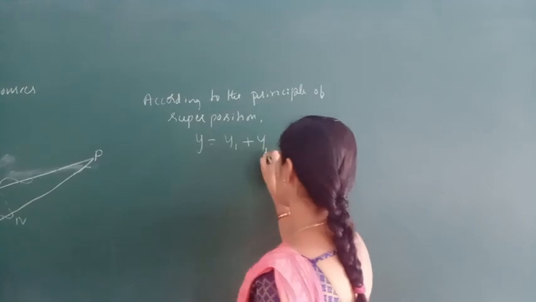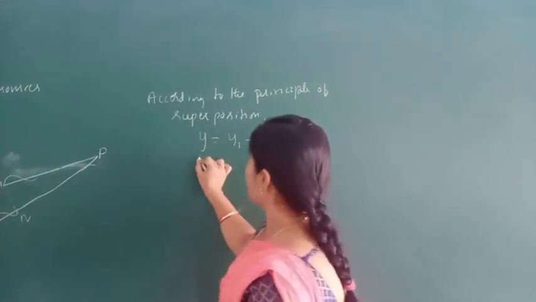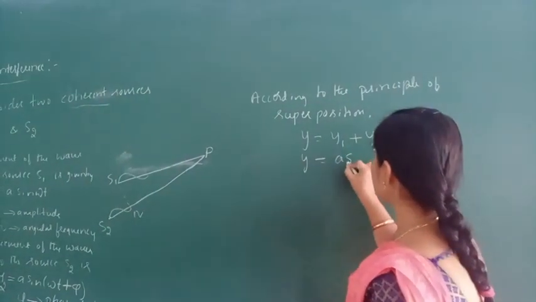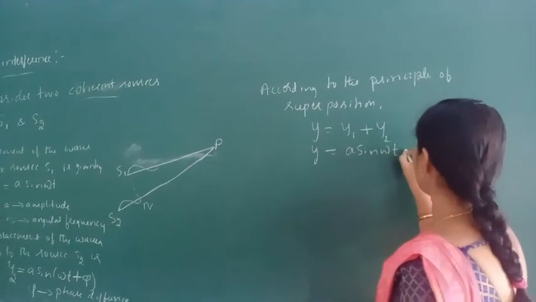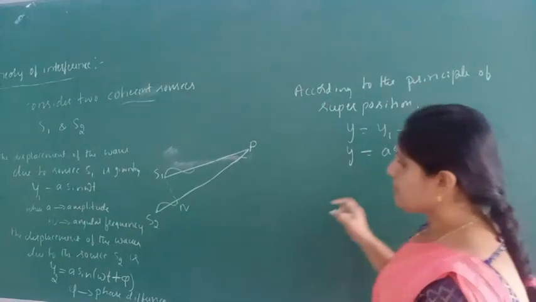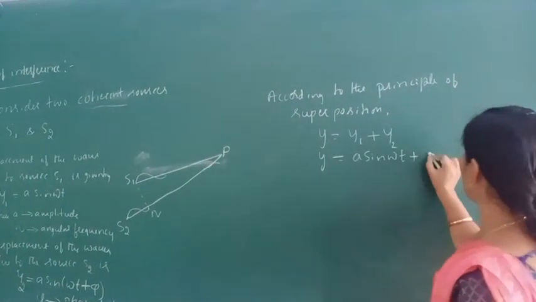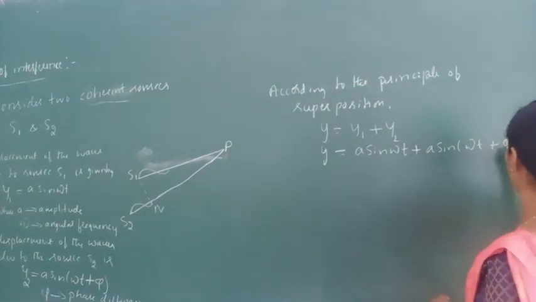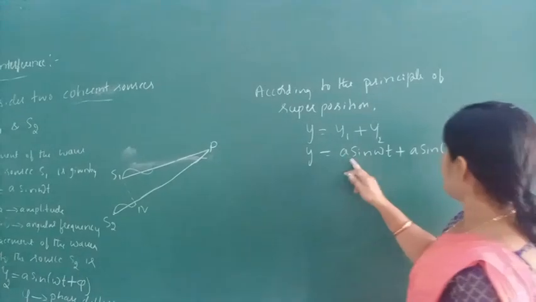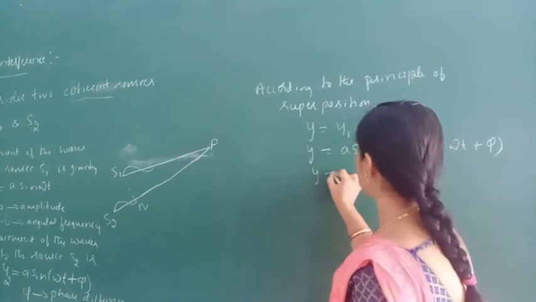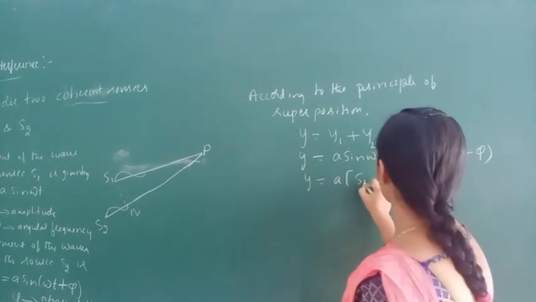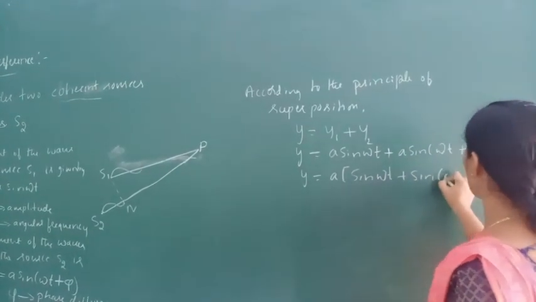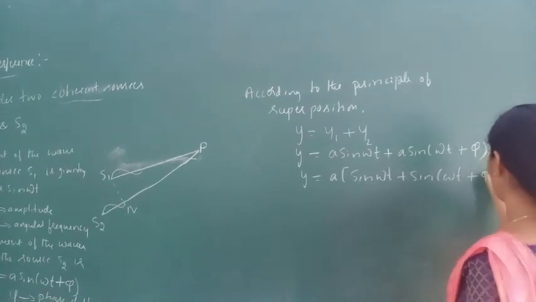That is, y is equal to y1 plus y2. What is y1? y1 is a sin omega t. What is y2? a sin of omega t plus phi. The common factor is a. Therefore, y is equal to a into sin omega t plus sin of omega t plus phi.